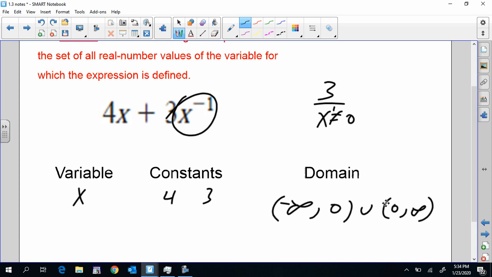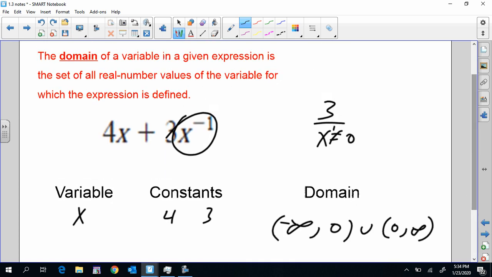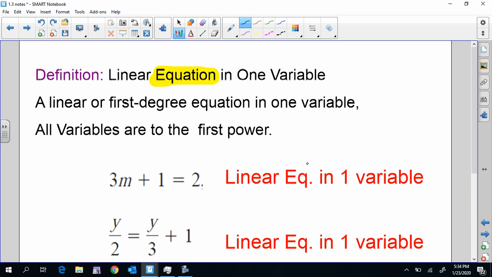We've identified the domain of that rational expression. Okay? Pretty straightforward things, but you can certainly YouTube domains of expressions, domains of rational expressions, and watch some more examples on it.